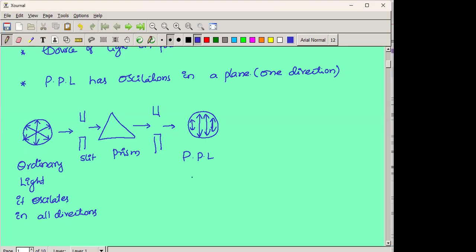It oscillates only in one direction. This is the difference between plane polarized light and ordinary light. Only one direction, so that is called plane polarized light.